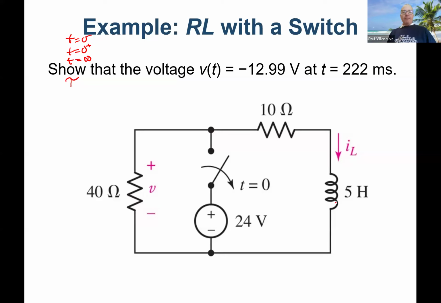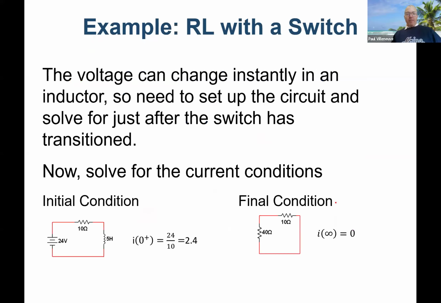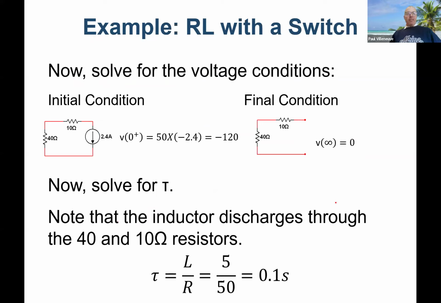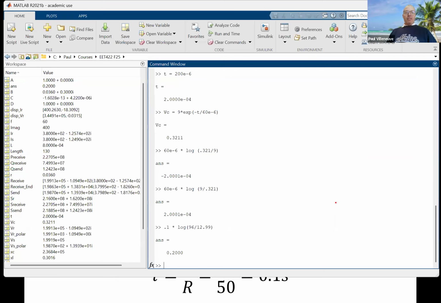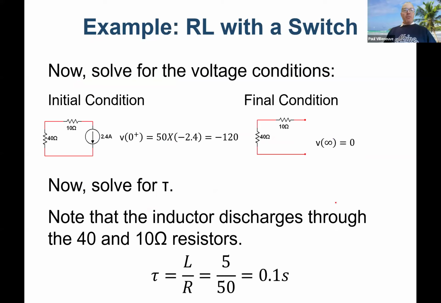I think I got that right. Here, let's see what we have over here. That's my current. Nobody corrected me. I said 40. Oh, wait a minute. 40 times 2.4. No. Take a look. So I did this wrong in the notes.